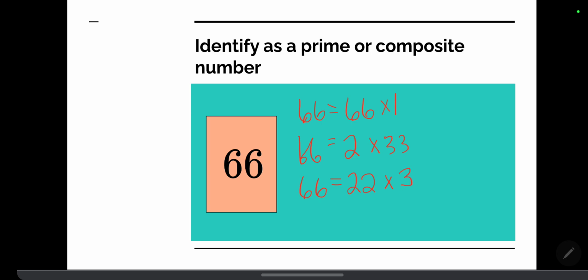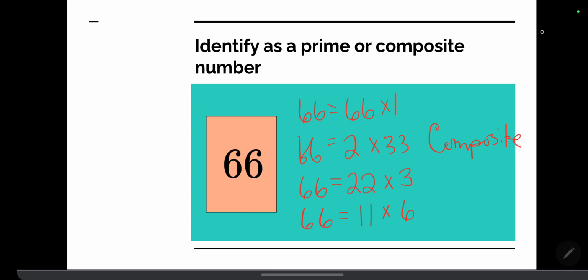It's 3. Yes, 3. Okay, and then let's see here. 66 is also a multiple of 11. So what can we multiply times 11 to get 66? That will be 6. All right. So this also has 1, 2, 3, 4, 5, 6, 7, 8 factors. So indeed, 66 is a composite number.